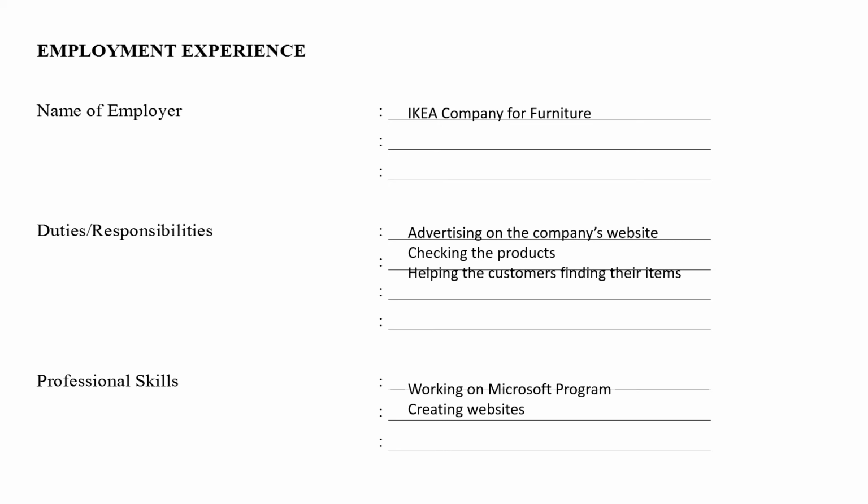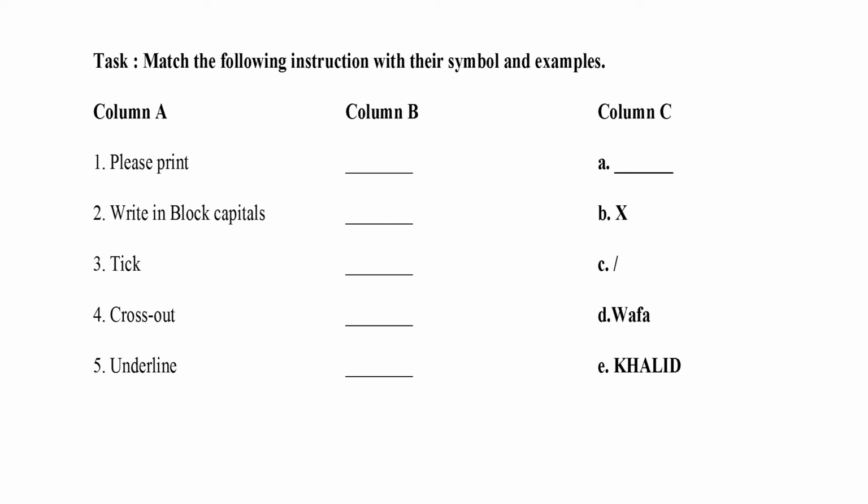Okay. The last thing here, we have some orders that you can see in the job application, and they are very important. The employer, the HR manager, focuses on this, because he wants to see whether you focus on all details or not. For example, if they say please print, it means you only write the first letter capital. Write in block capitals: yes, all the letters should be capital letters.